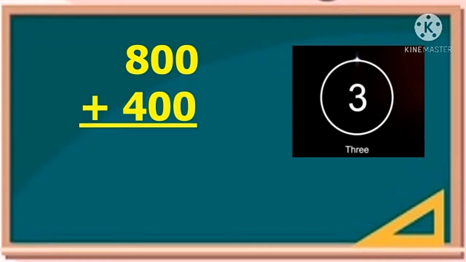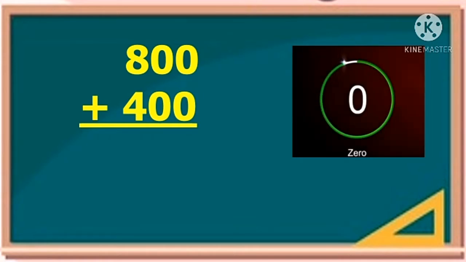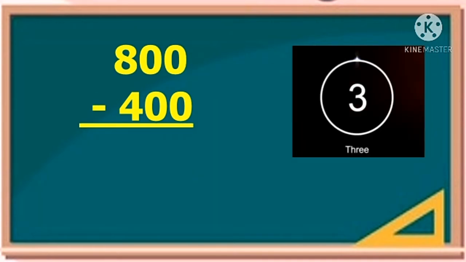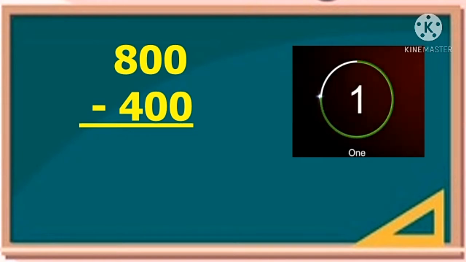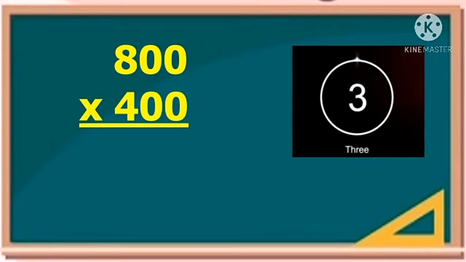800 plus 400. If your answer is 1200, very good, you are correct. 800 minus 400. If your answer is 400, very good, you are correct. 800 times 400.